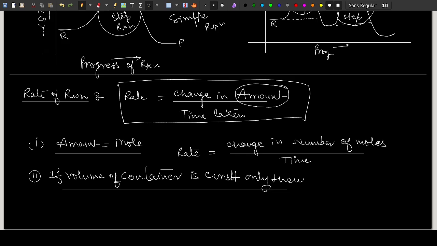So we can say rate is equal to change in number of moles divided by volume of container, and divided by time interval or time taken.